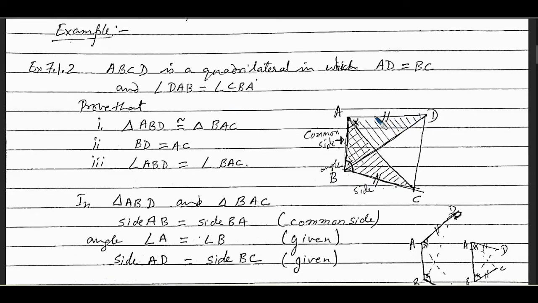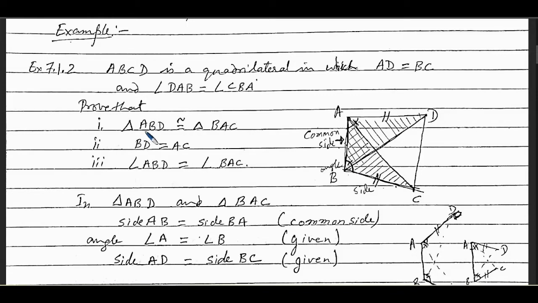And angle DAB, this angle A, is equal to angle CBA. This center one is angle A, and this center one is angle B. So these two angles are the same.